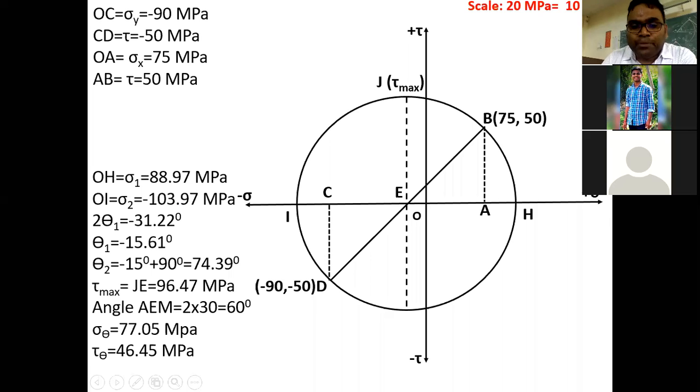Okay, understood? Next, you measure this O to I, and this is approximately 5.1, more than 5.2. You can say, then just multiply by the given scale. So it comes to 103.97 megapascal, but with a negative sign because it is located at the left side of the y-axis.